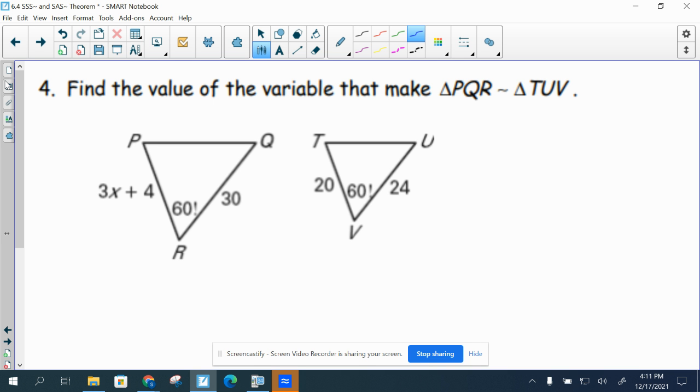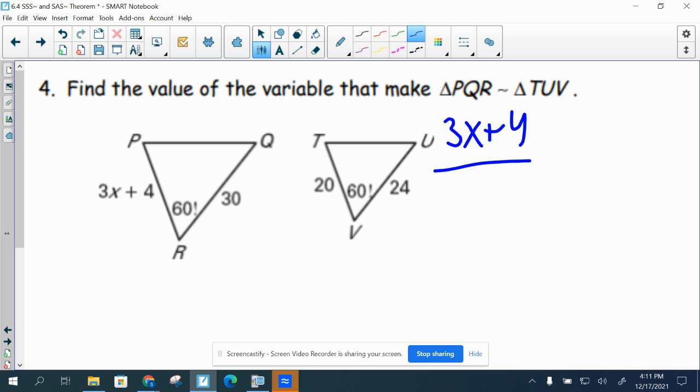So here this says find the value that makes the two triangles similar. Okay, well, they're both 60 degrees here, and then we would set up the sides proportional. So you could say 3x plus 4 over, and then if they're both 60 degrees, then this is actually equilateral.